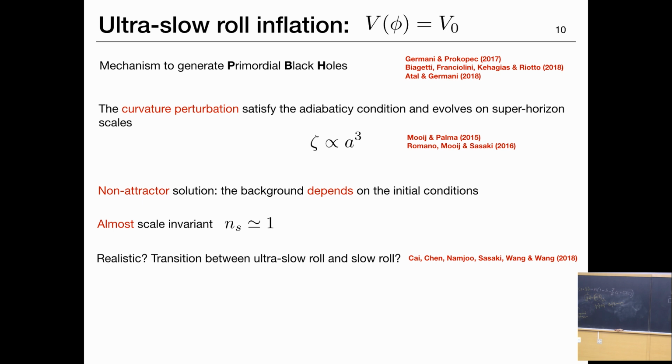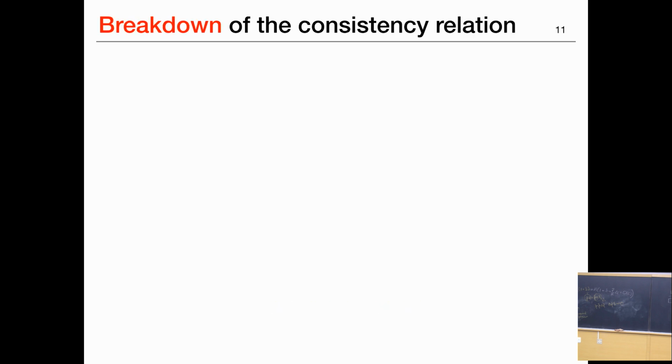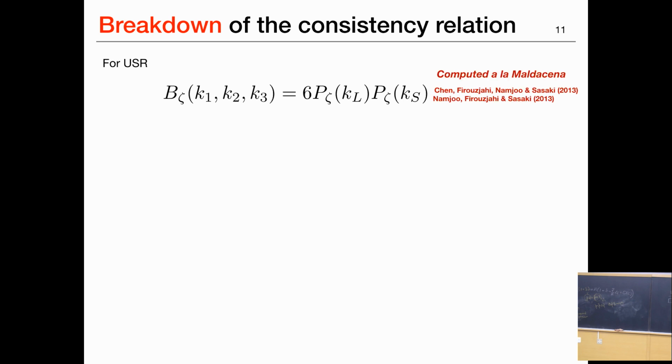But why is the model really interesting, at least for me? Because the model produces a big non-Gaussianity and breaks the standard Maldacena consistency relation. So if one computes the bispectrum for this model, a la Maldacena, what we found is this, which is an explicit violation of the Maldacena result.